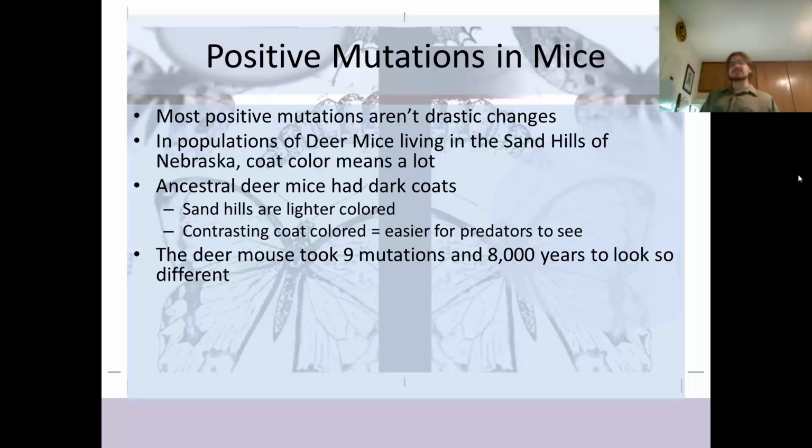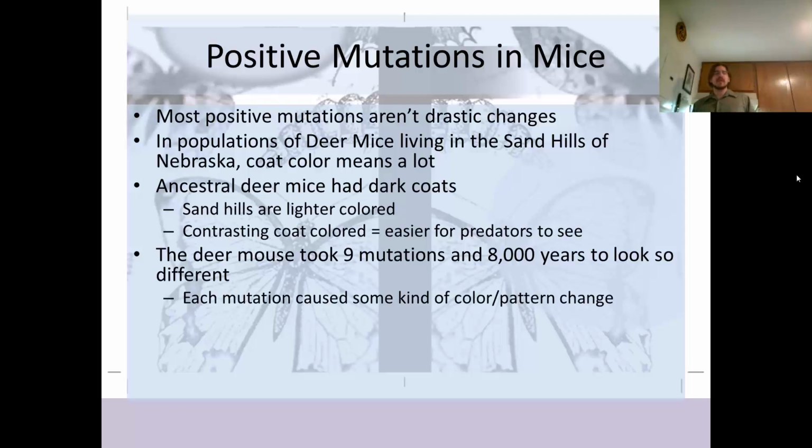However, over the course of 9 mutations in 8,000 years, the sand hills deer mice gained a lighter coat color. Each of those 9 mutations caused some kind of color or pattern change. And so there was an advantage to each of those mutations over 8,000 years.